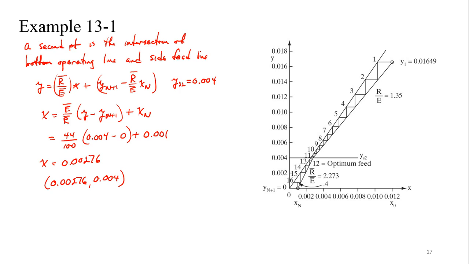How many stages do we need? 15.4 stages, yeah, is what it looks like for us. And so at this point we've addressed essentially all the questions that the problem asks. But that's how we go about doing a problem like this. Very similar to what we've done before, just now that we're doing it with liquid-liquid extraction.